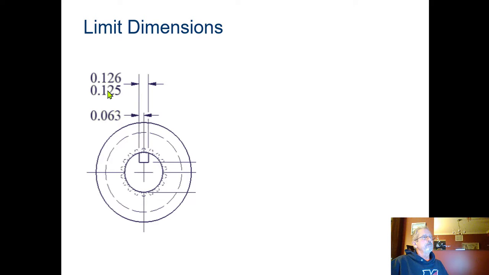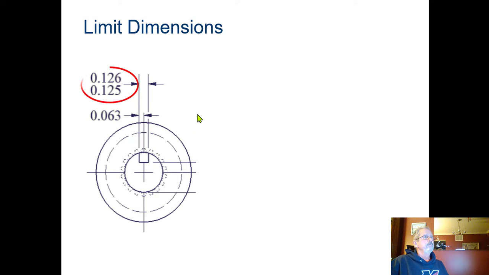Okay, so here you can see that this limit dimension is 1 thousandth of an inch. That's really small. Think about that. Your hair is 3 thousandths of an inch thick on average, right? So you're talking about 1/3 of your hair is how much that manufacturer has to be within.